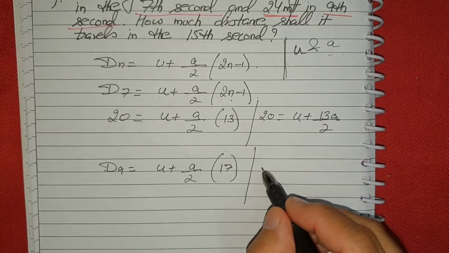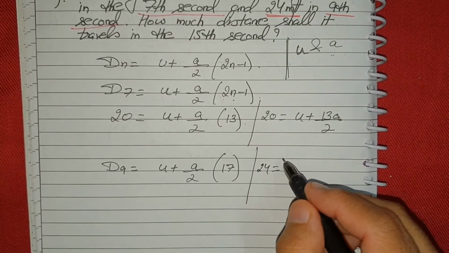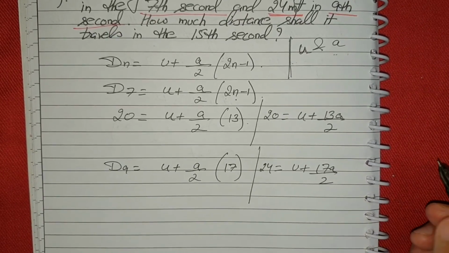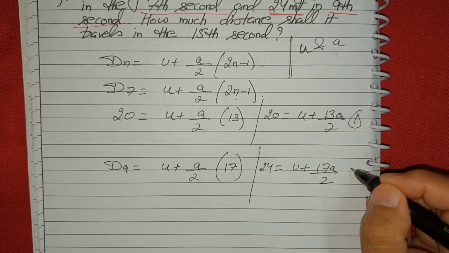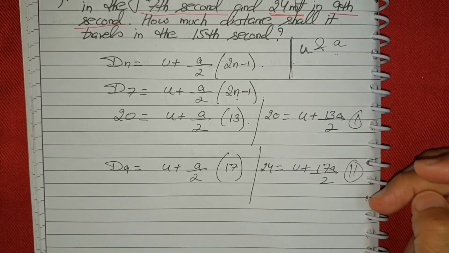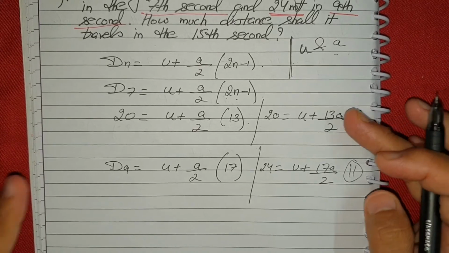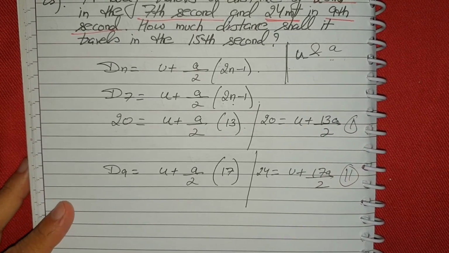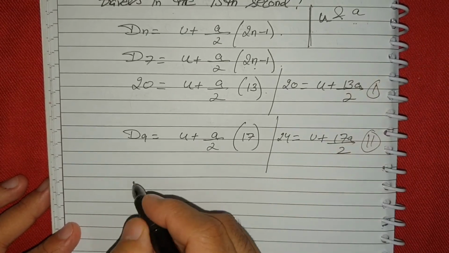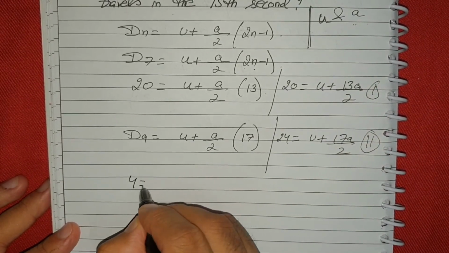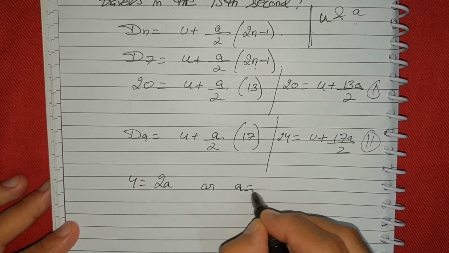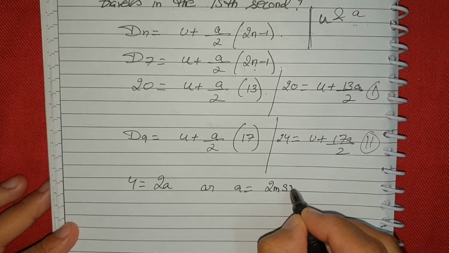So this will be 24 equals u plus 17a by 2. Now this is equation 1, this is equation 2. Solving these two, subtracting, u and u will get cancelled. You get 4 equals 2a, or a equals 2 meter per second square.